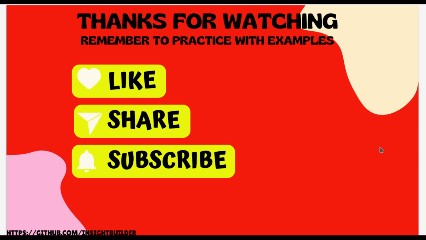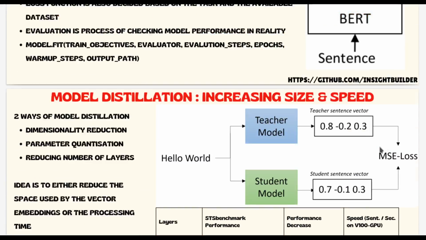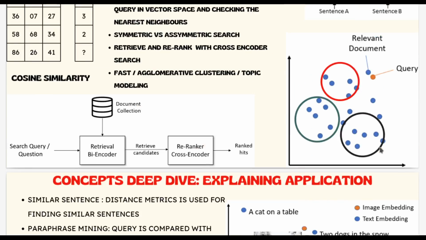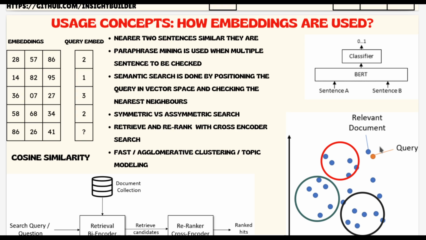The point I wanted to reiterate here is that open source libraries are abundant these days. To understand these open source libraries, you first have to understand what kind of problems they solve. The point of the sentence transformer library is that it is solving the problem of finding similar sentences.